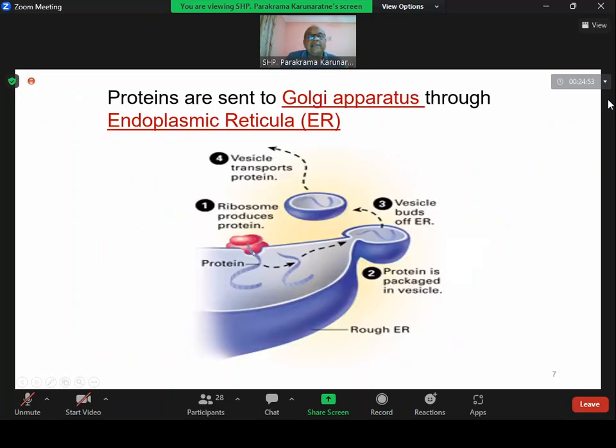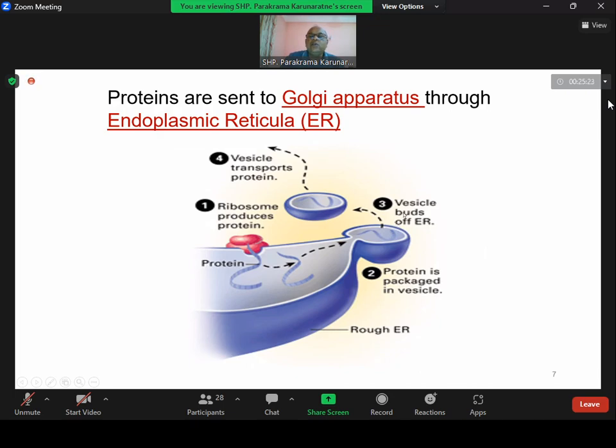These proteins are transported through the endoplasmic reticulum to its end, where they create vesicles.